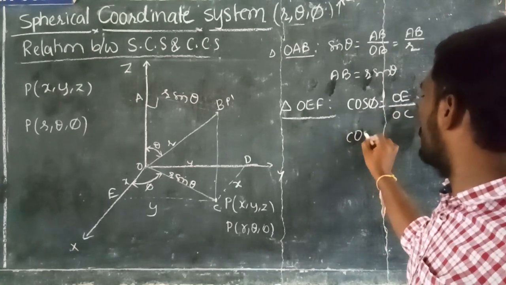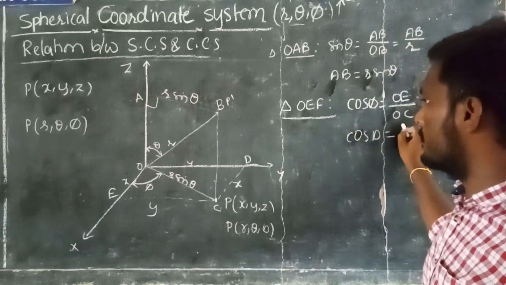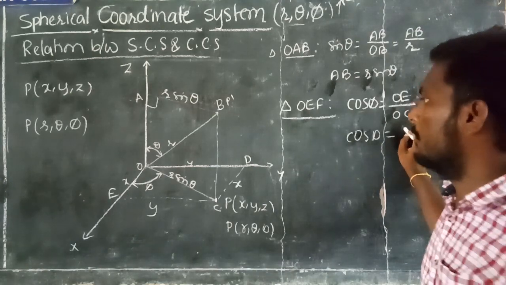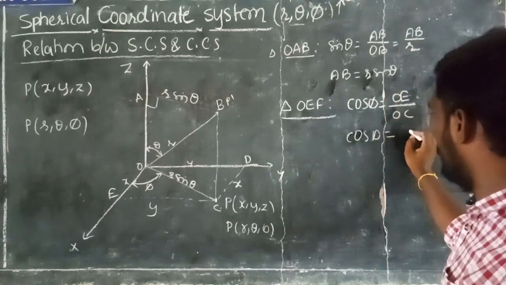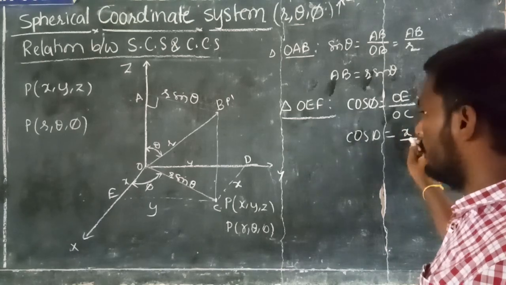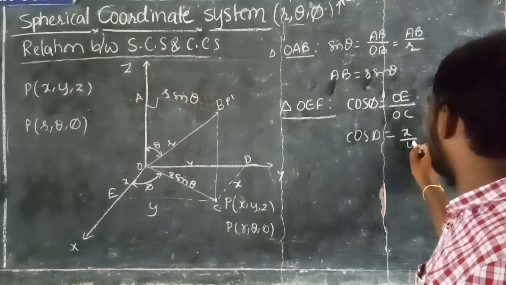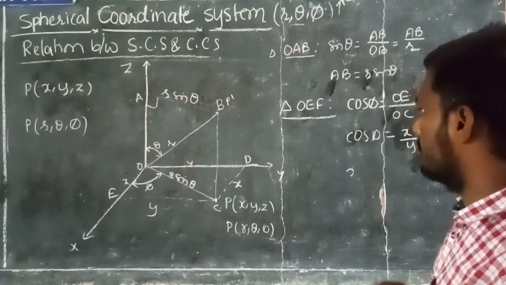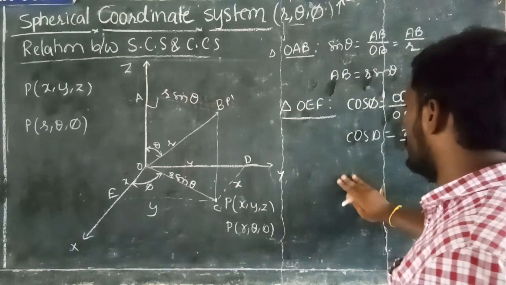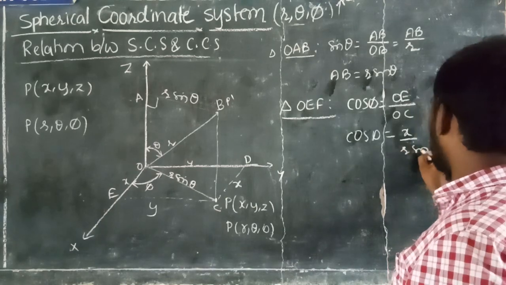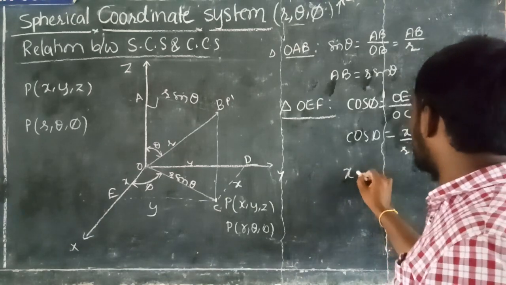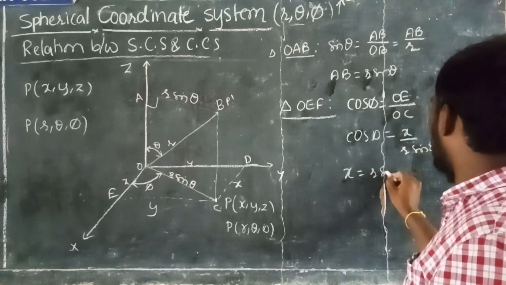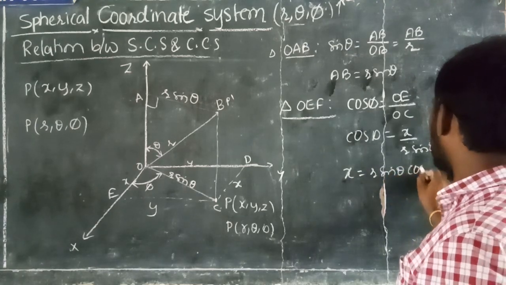So cos phi is equal to OE, which is x, by OC. So x is equal to OC, which is r sin theta. That means x is equal to r sin theta cos phi.